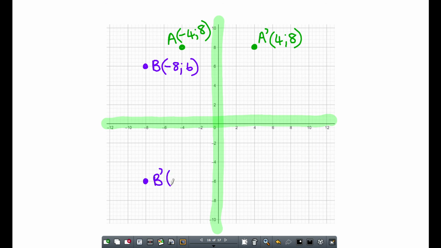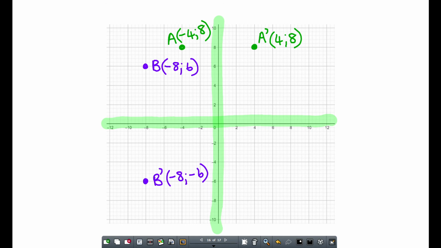Can you see the x value stays the same? The y value became -6. Does that make sense? So in general, when you reflect in the x-axis, what stays the same? The x values.